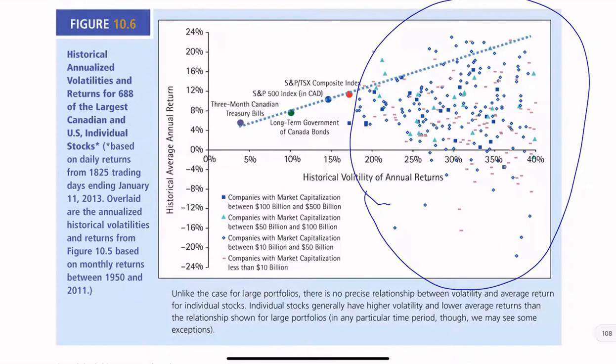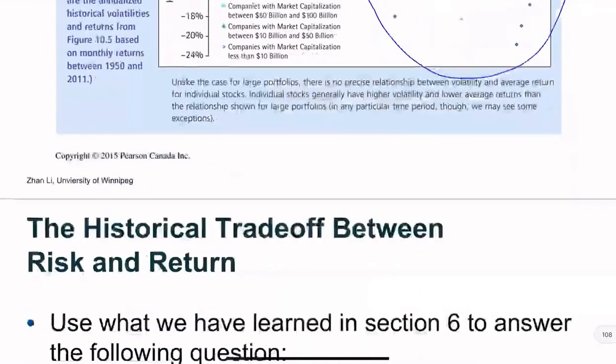Now, what you could observe here, if you compare these 4 portfolios with these individual firms on the right-hand side, a very obvious result you can get is, well, these individual firms have much higher volatility, right? Remember that the horizontal axis gives you the historical volatility. That's the first discovery here.